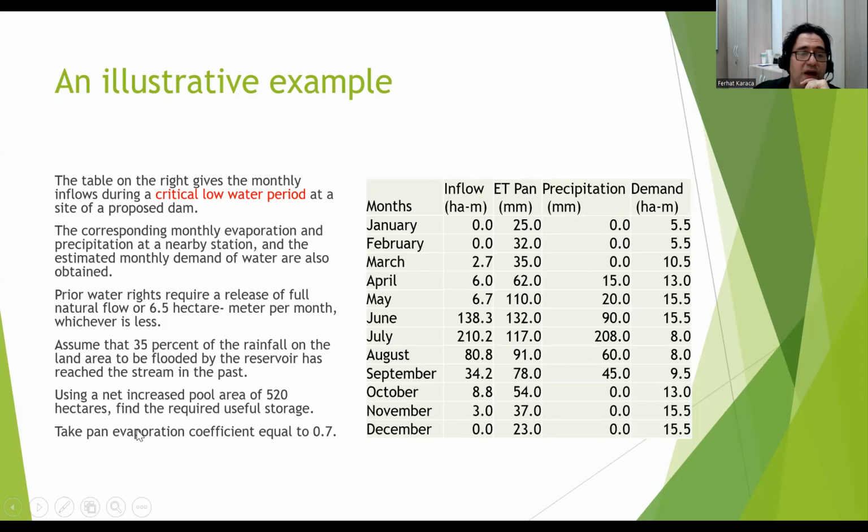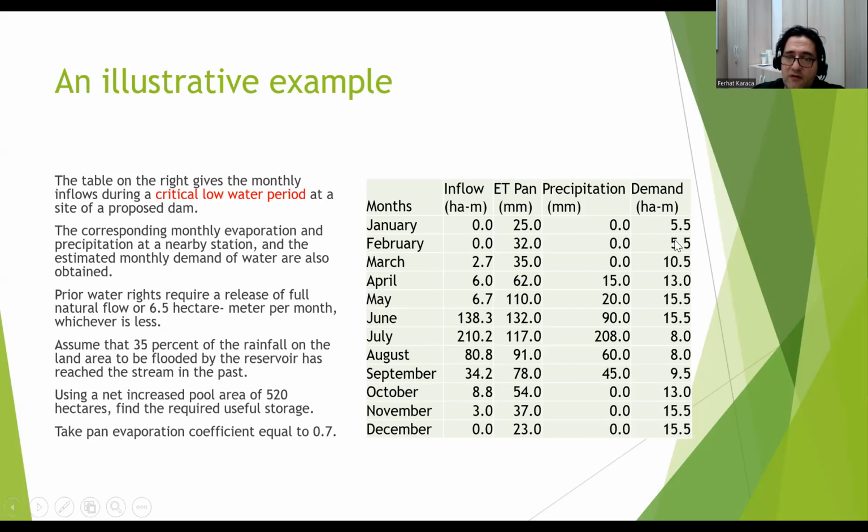And then the pan operation rate is given as 0.7. So when we want to convert this amount into the area, you are going to use 0.7. So this is the data. And I am also going to explain what 6.5, the water right, is. Water right means that this area has the right to receive 6.5 hectare per meter of water in every single month.